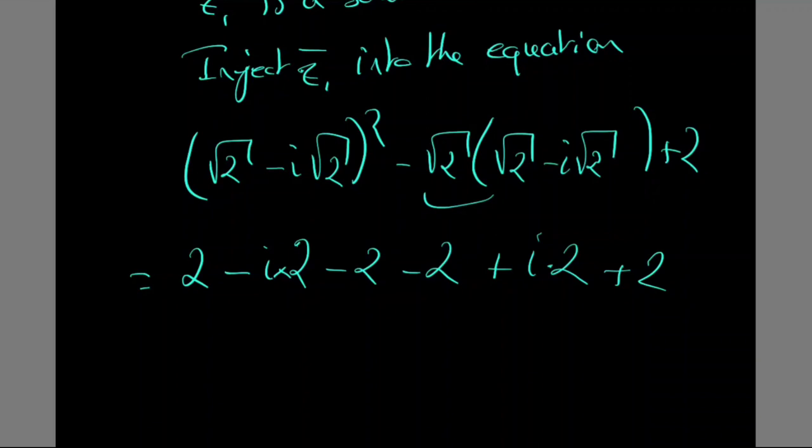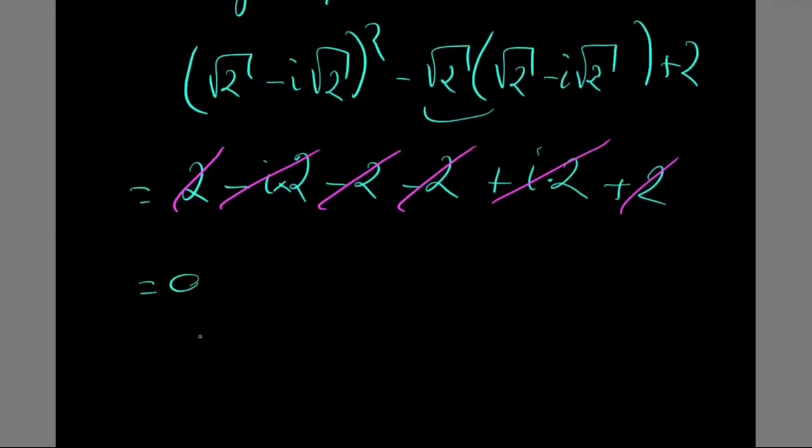And this one simplifies with this one, and this one simplifies with this one, so everything is equal to 0. So z1 conjugate is a solution of the equation.